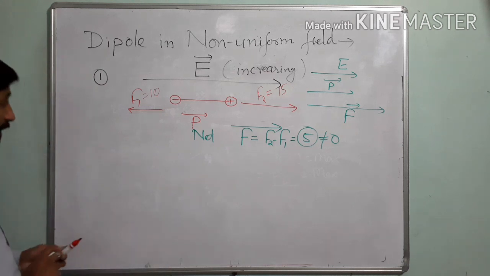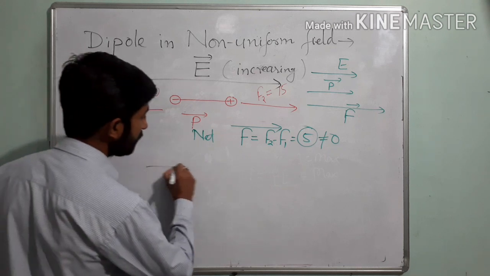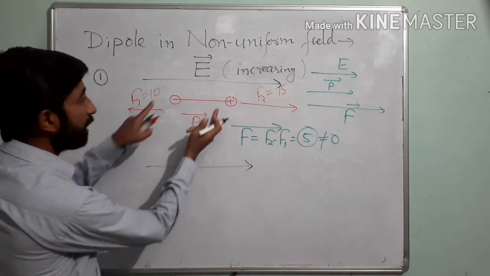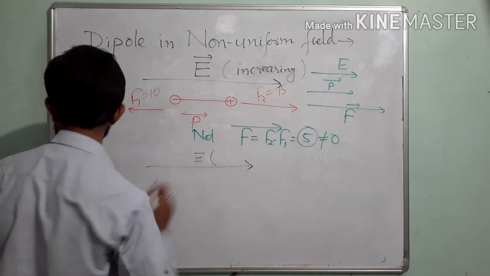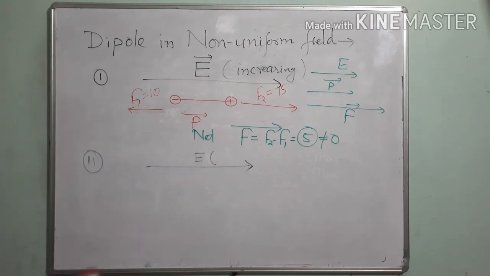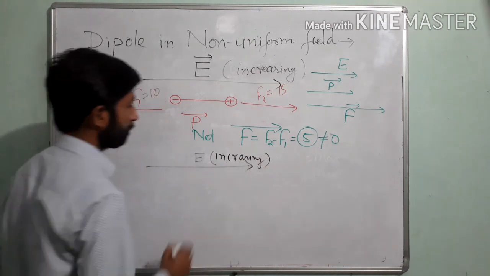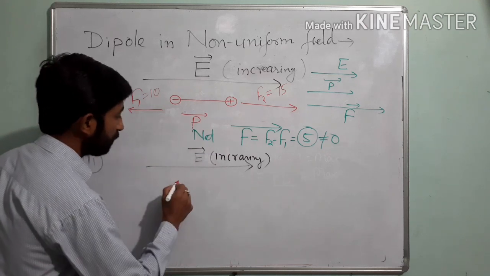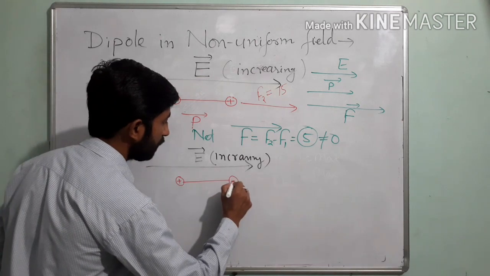Now the next case: what happens if the field is increasing this way as in the earlier case, but the dipole is reversed? This is the electric field, increasing this way. And the dipole is placed in the anti-parallel position, that is, this will be positive and this will be negative.